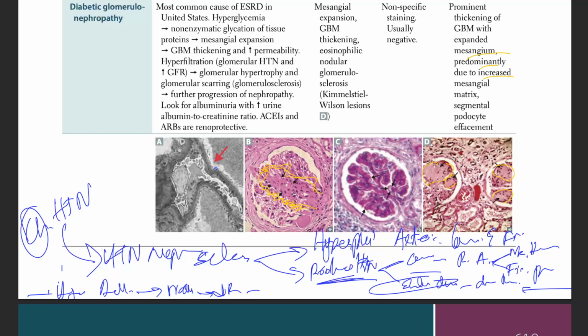When you decrease renal blood flow, that causes glomerular ischemia. Ischemia can lead to necrosis, and that is now called glomerulosclerosis. Okay, that's with the hypertensive nephrosclerosis.